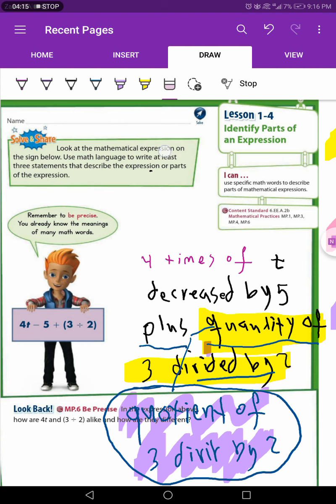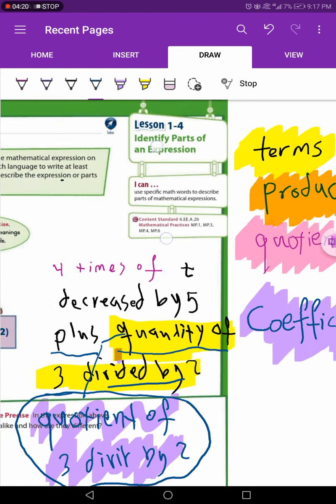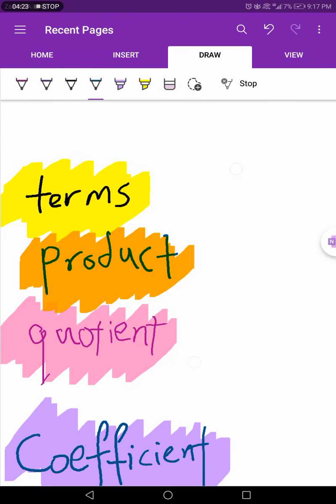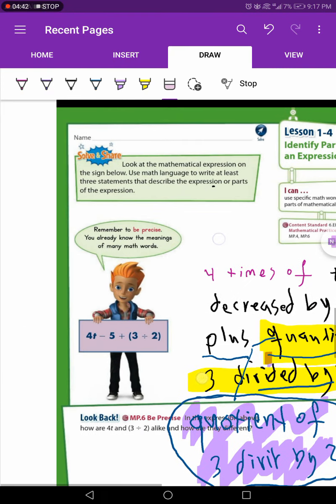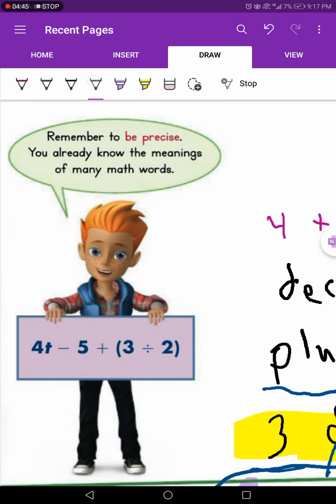The first concept is called terms. He will ask me how many terms are in the expression. How do I know? It is very easy. This is called an expression. How do I get the answer?